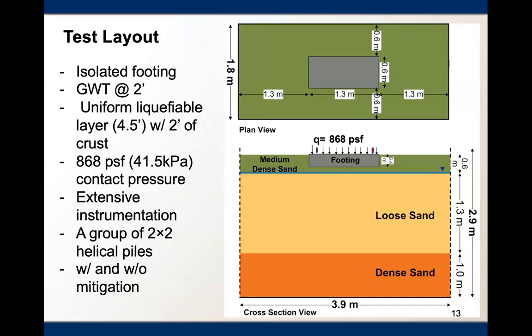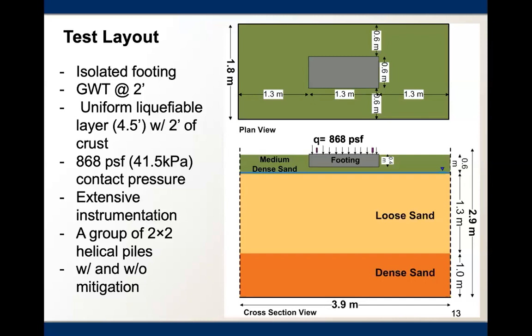Our model included shallow foundations, rigid shallow foundations, sitting in the middle on a 3-layer soil profile. Groundwater table was at depth of 2 feet. We placed weights on top of the footing to reproduce equivalent to a 2-story building. Contact pressure was in the order of about 868 PSF, and then the model was extensively instrumented, using different sensors, not shown on this picture for simplicity.